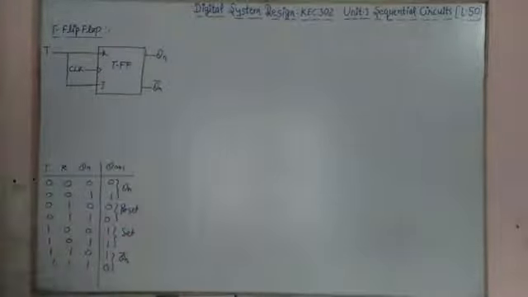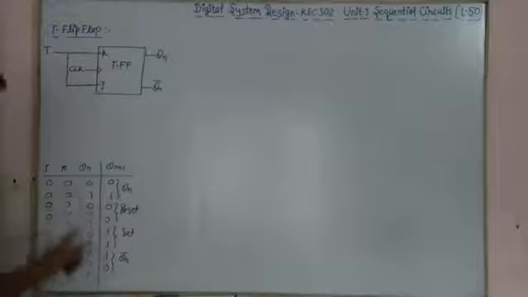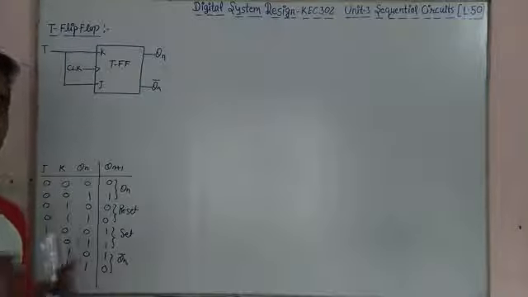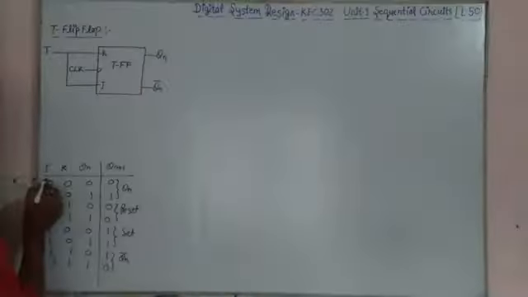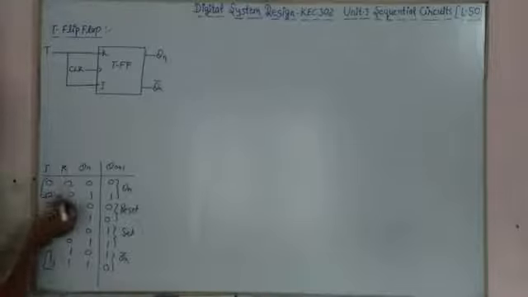In the truth table of the JK flip-flop, you can see how many combinations you have in which J and K are both equal. You get these two upper combinations and these two lower combinations, which are the same: 1 1, 1 1, 0 0, 0 0.